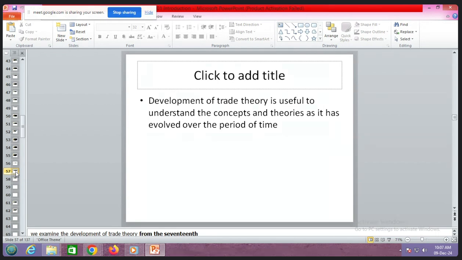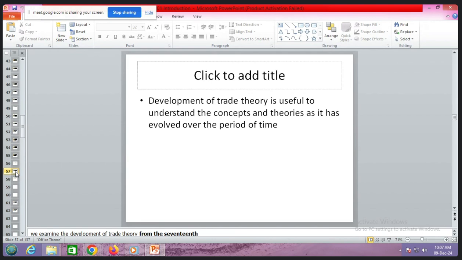When we see the history of trade theory, we are not getting into history as such. We are trying to understand the concepts and theories as they evolved over a period of time. That's one of the best ways to understand trade theory.